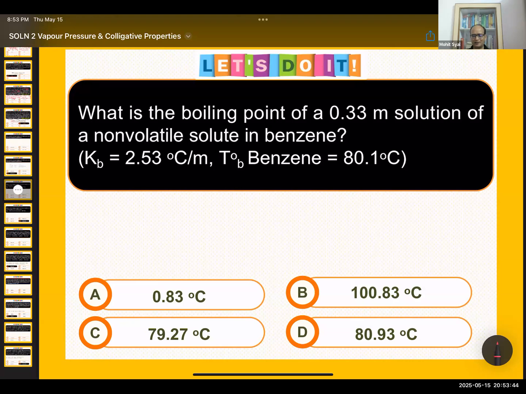If the options are given, then you can apply the trick. So all of you tell me what answer you are getting.